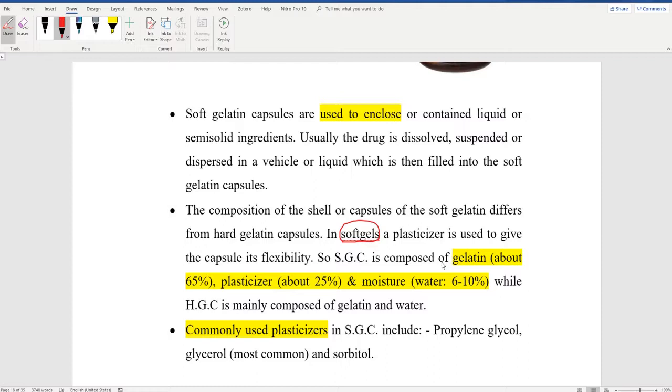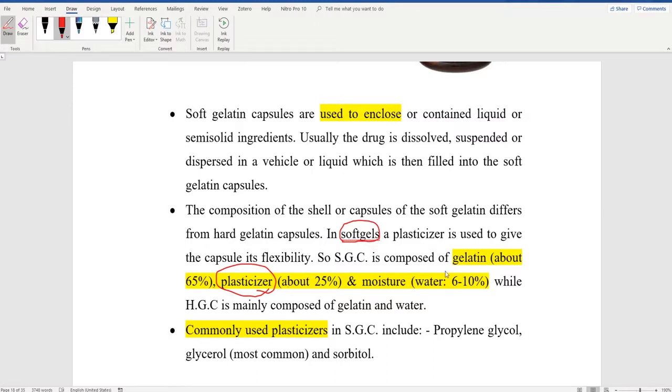Now for soft gelatin capsules, in addition to gelatin and water, it contains a plasticizer. So what is the main difference in the composition of the shell between hard gelatin capsules and soft gelatin capsules? The main difference is the presence of plasticizer, where? In soft gelatin capsules.